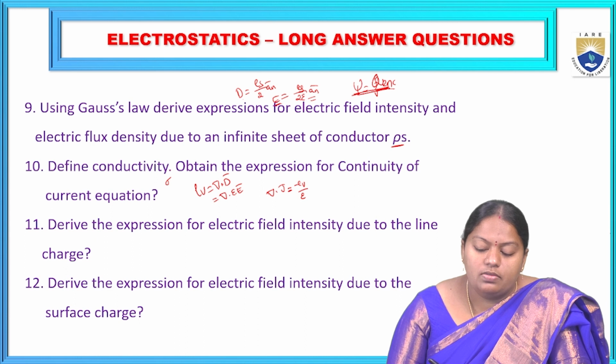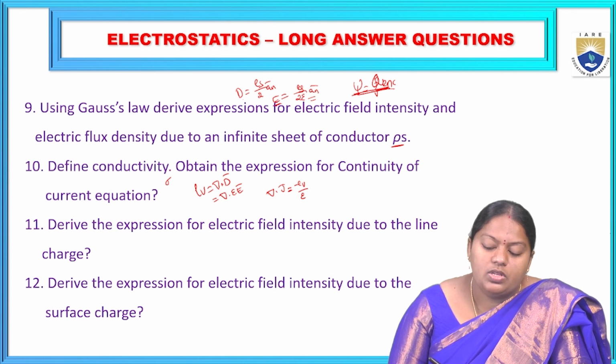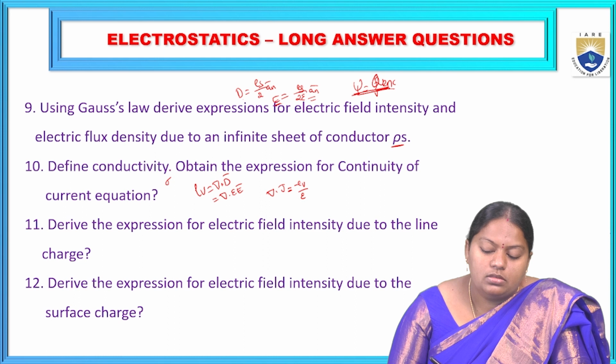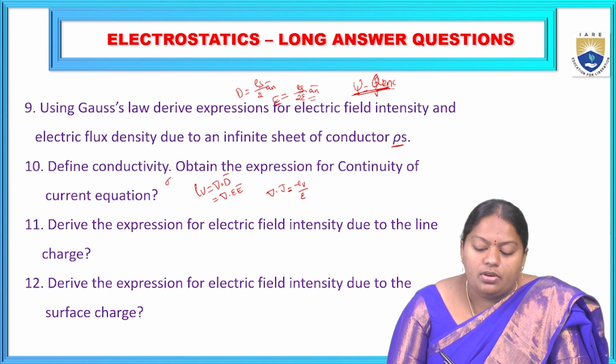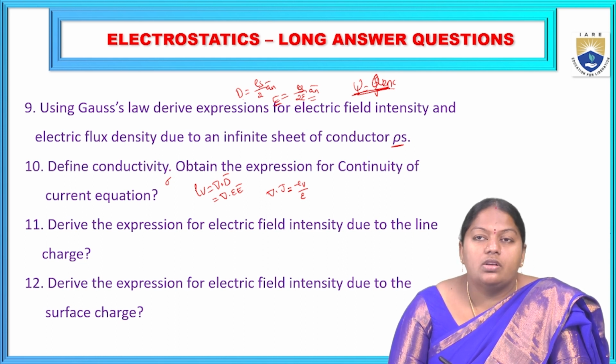Del dot J equal to minus rho v by epsilon is said to be the continuity of current equation, or simply the continuity equation.